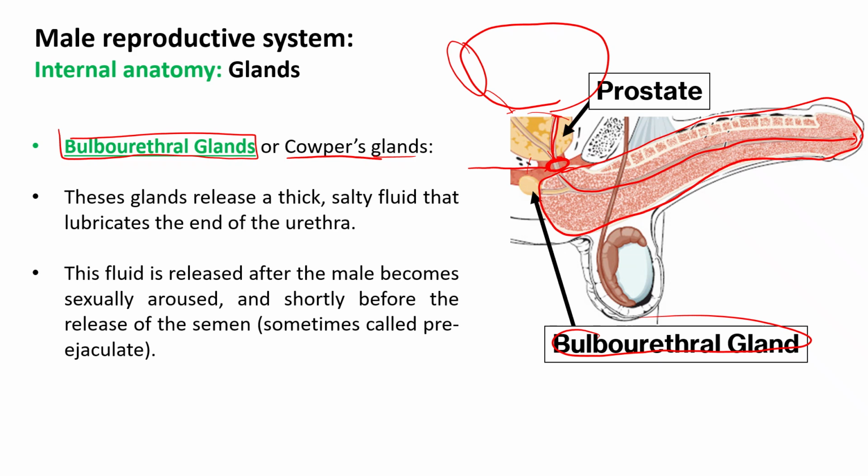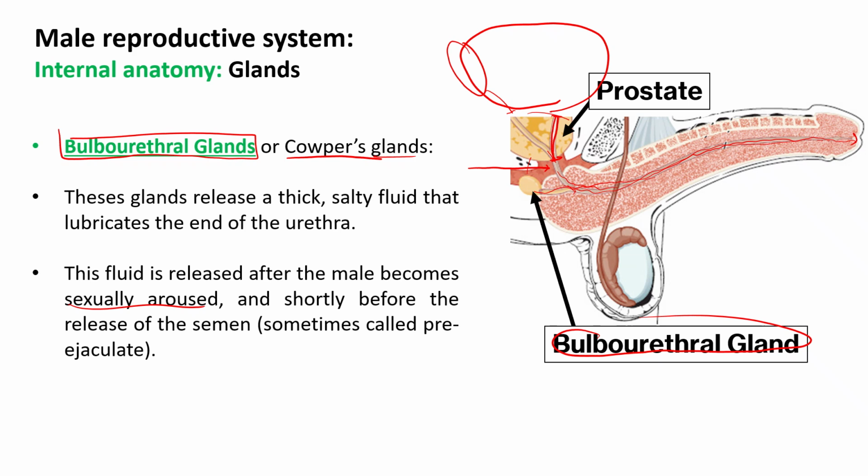Going back to the bulbourethral glands, those are glands that, during intercourse or when the male becomes sexually aroused, produce a fluid that helps to lubricate all these spongy urethra. Also, it helps to neutralize some of the acidity that might be in the urethra due to the urine. Remember, the urine has an acid pH, so it's acidic.